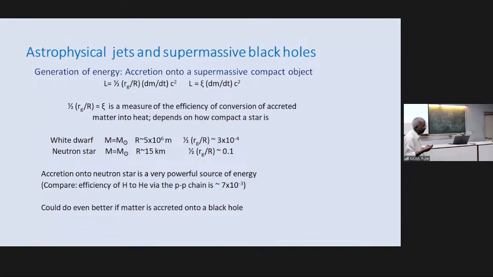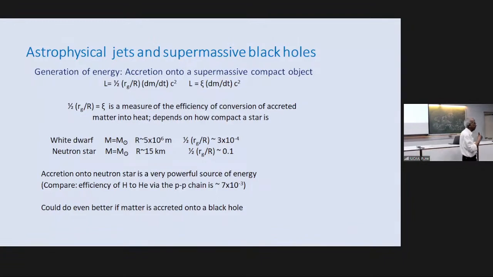So you can tell yourself that if I had an even more compact object like a black hole, I should be able to do even better, isn't it? But with a black hole, if you just drop matter straight in, it will go through the event horizon and be lost. But usually what happens is that matter which is accreting has a certain angular momentum.